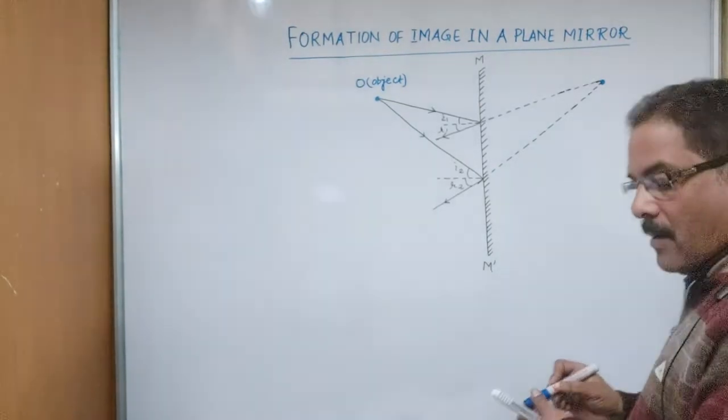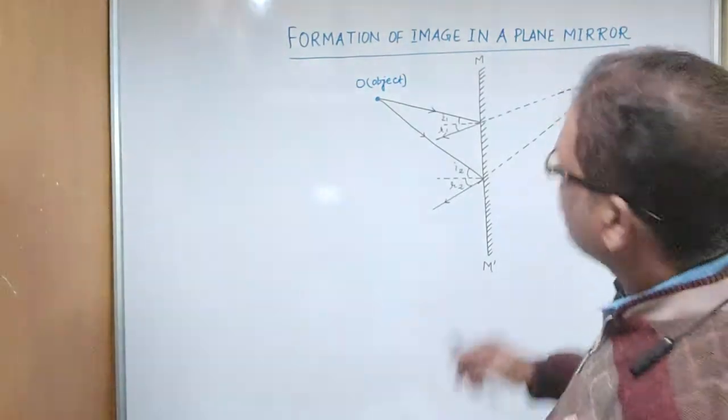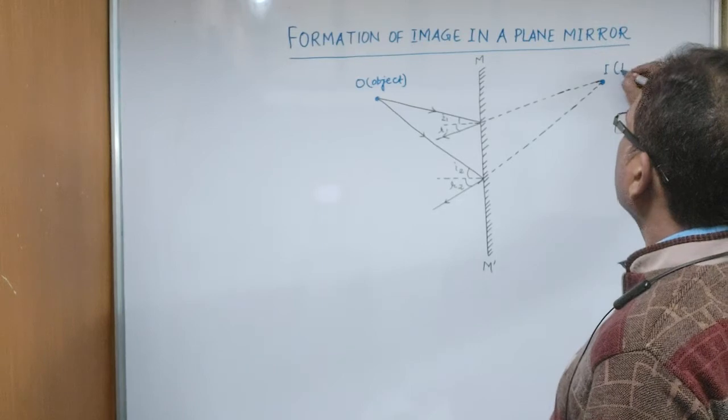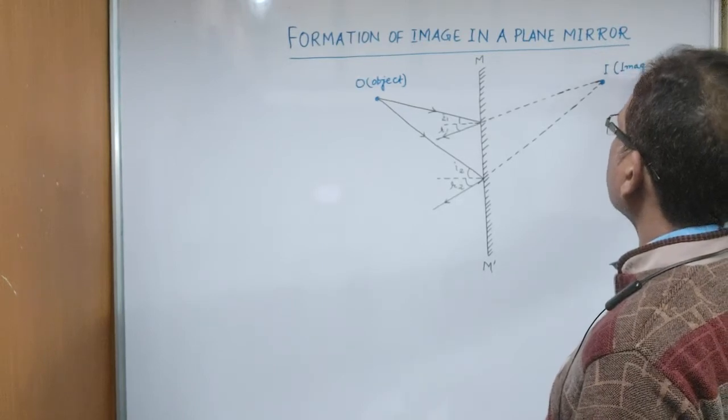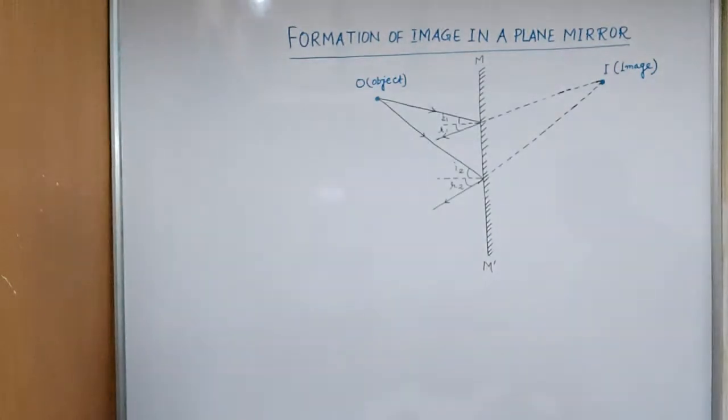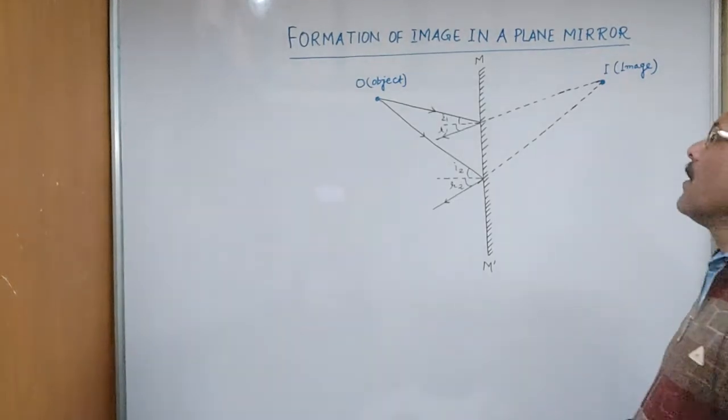So an image will be formed. You can mark it as I. I stands for image. So image will be formed behind the mirror, and this image is a virtual image.